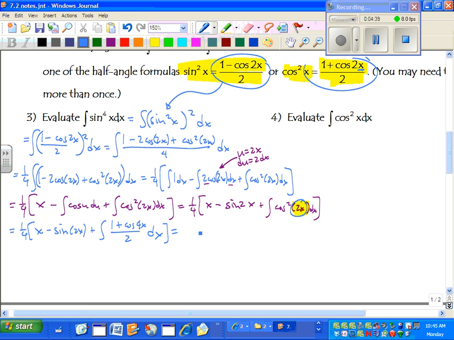So then we've got our 1/4 out in front of the whole big thing. X minus sine of 2x plus this one, we can take that 1/2 out in front of that integral, kind of like we did the 1/4 originally. And we've got 1 plus cosine of 4x dx on the inside.